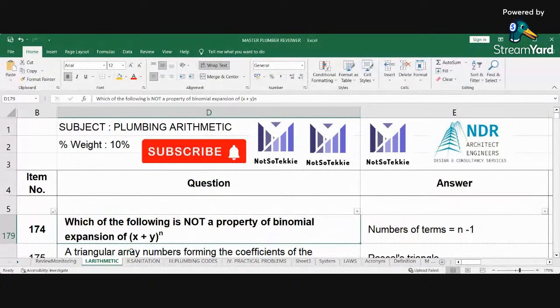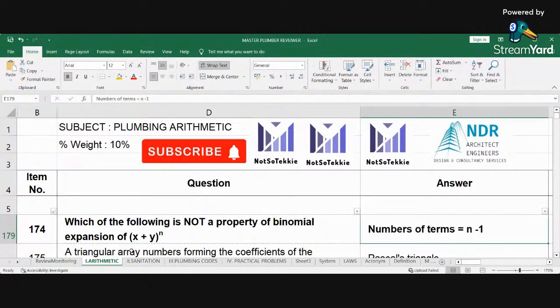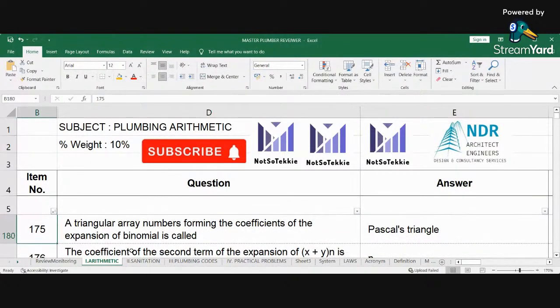174. Which of the following is not a property of the binomial expansion of x plus y to the n? The answer is number of terms is equal to n minus 1. 175.